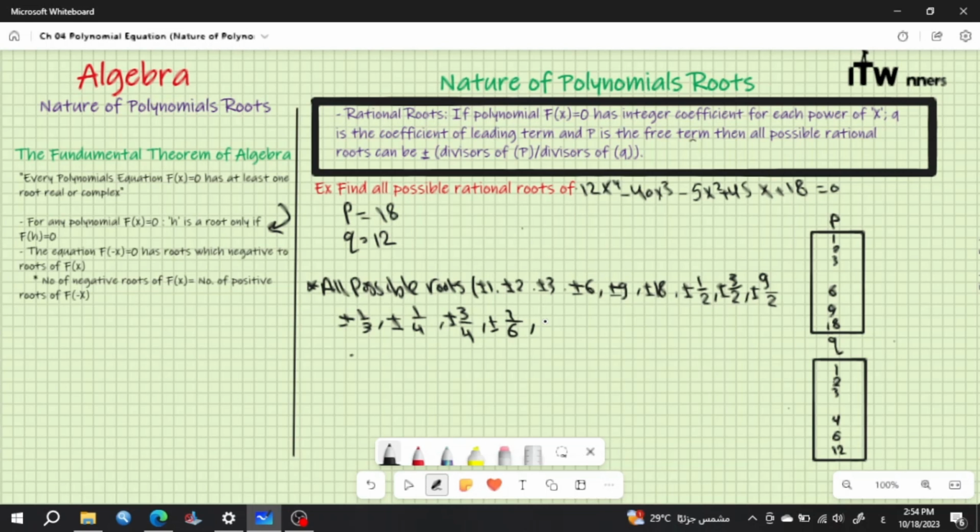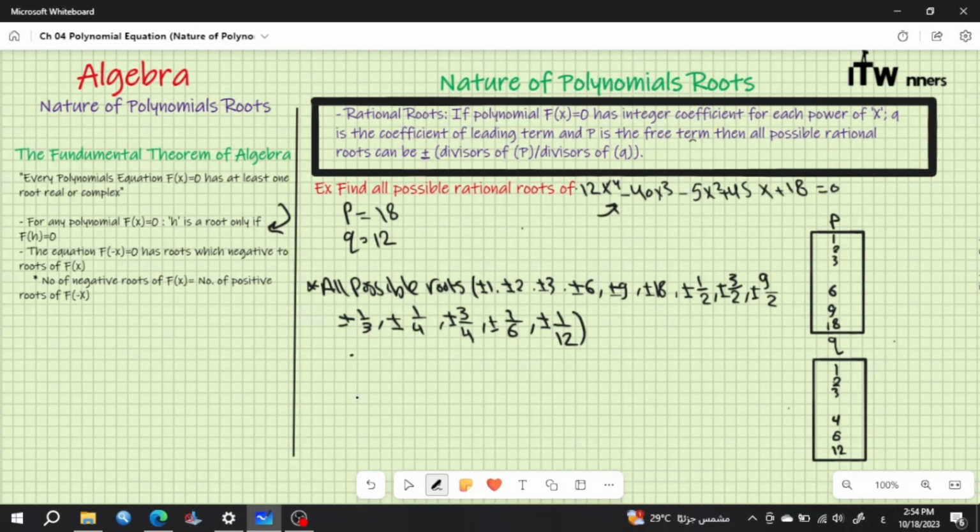These are all possible rational roots of this equation, and again start with 1, and proceed with your synthetic division to obtain all rational roots of this equation.